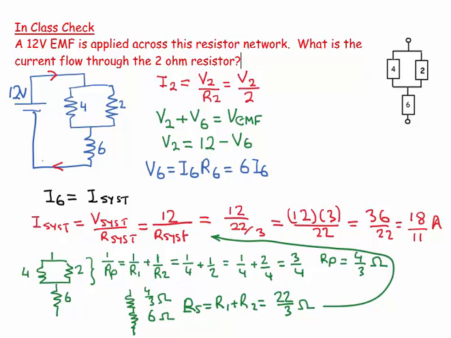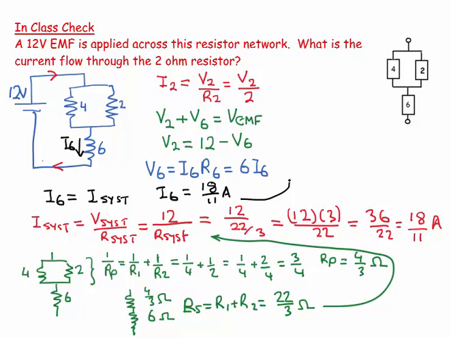And then that means that I6 is equal to 18 over 11 amps, and that's the current flowing through there.